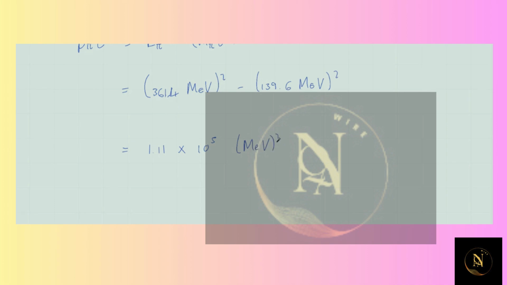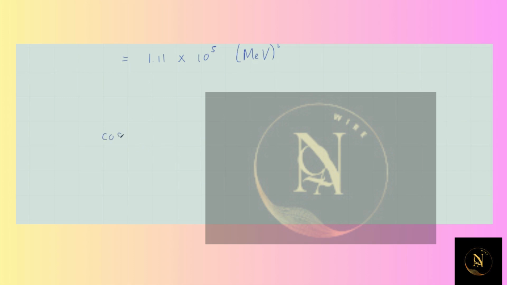Now the angle theta that the velocity of the pi positive particle makes with the positive x-axis is given by cosine theta equal to the square root of the x component of the pion's momentum squared times c squared divided by the momentum for the pion squared times c squared.